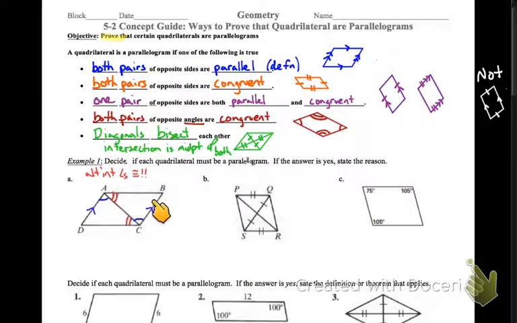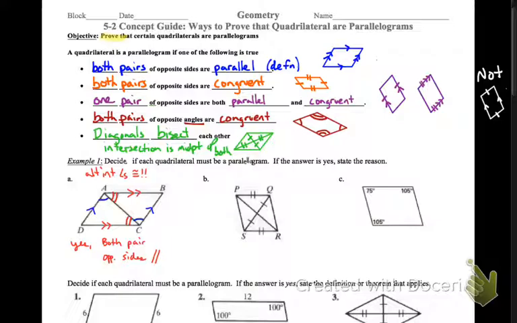Likewise, if these angles are congruent, then we have parallel line, transversal, parallel line. We have parallel lines there. So now we've established that both pairs of opposite sides are parallel, so yes, we absolutely have a parallelogram.